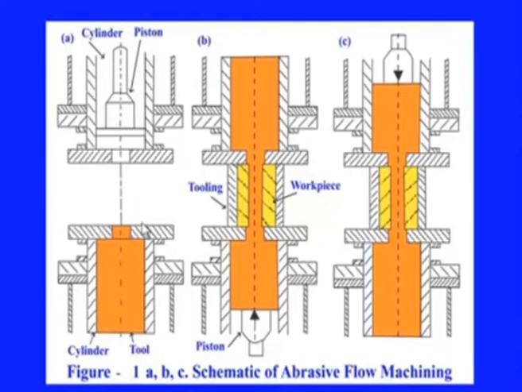The workpiece will be placed in such a way that the surfaces of interest can come in contact with this media while passing through to the other cylinder. This media will be pushed from this side, and under pressure it will move into the other cylinder. While coming through, it will interact with the workpiece as shown in this figure.